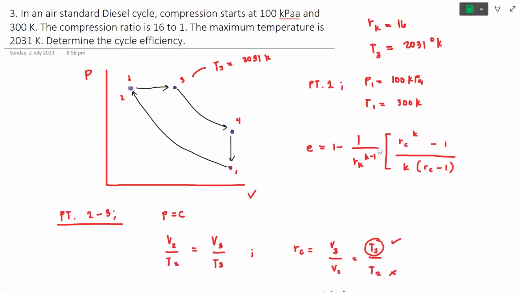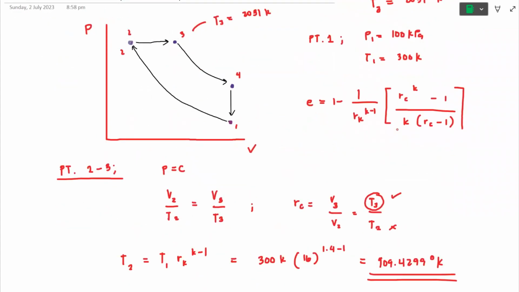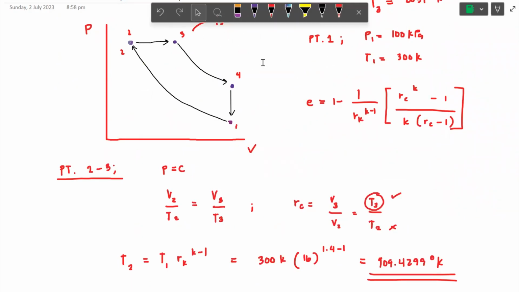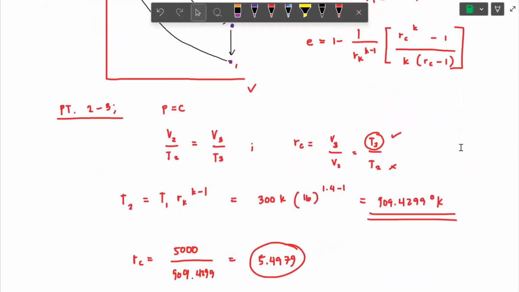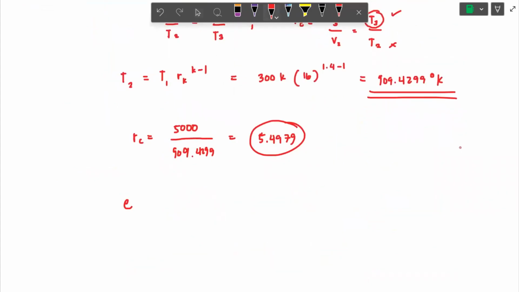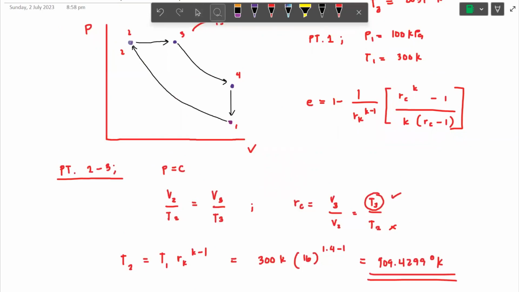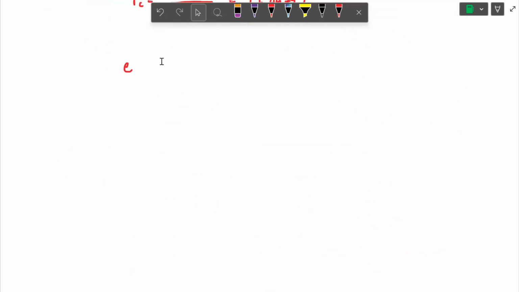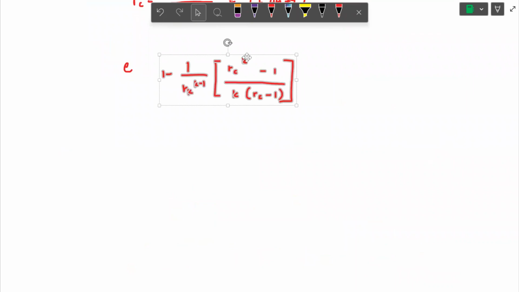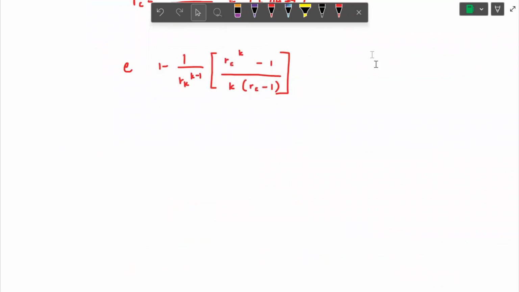So, pwede ko nang gamitin dito sa formulang ito. Let me copy first. Yan. So, E. Paste ko dito. Hindi ko na isusulat ulit. So, lagyan natin ng equal sign.